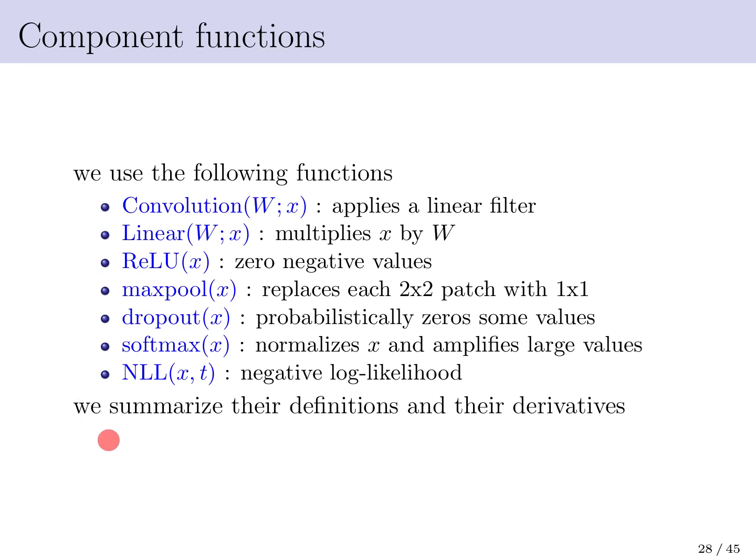In this section, we are going to summarize their definitions, though not necessarily all. I omitted the definitions and derivatives of max pool and dropout, hoping that they are very simple to do, given what you learned from other things.